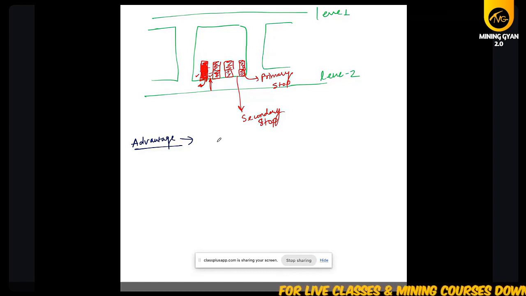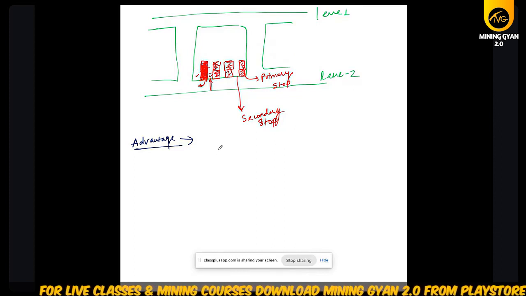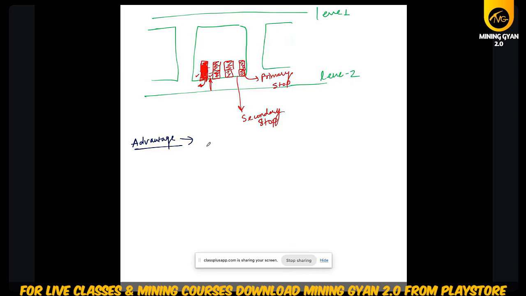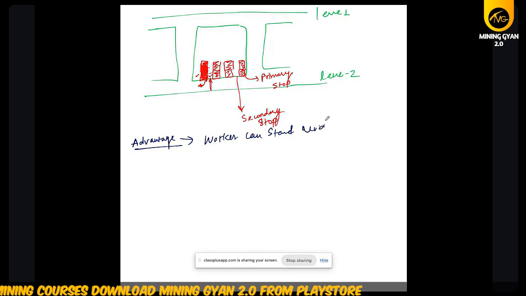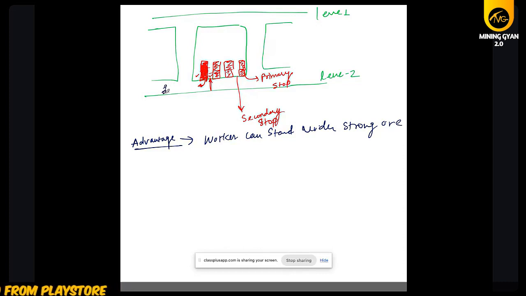So if I am giving, write it down, otherwise write a book if you have time. Okay, in sub level stopping, advantage: in this method the worker can stand under strong ore, here, here. So the worker will be safe.